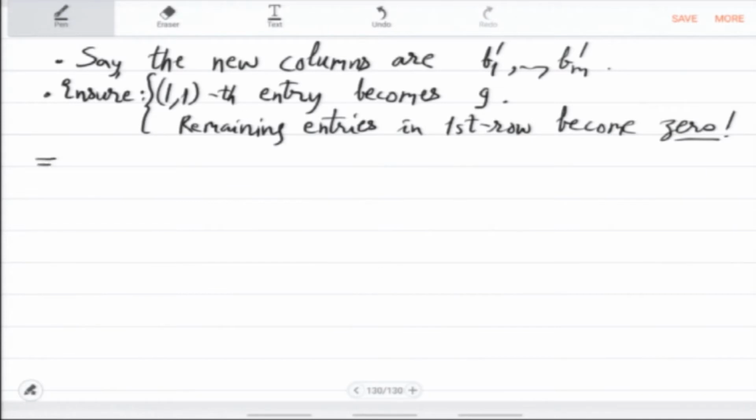Right. So, which means that now the matrix B looks like, so B will be transformed to B prime, which looks like this. So, there is G and the remaining entries in the first row have vanished.